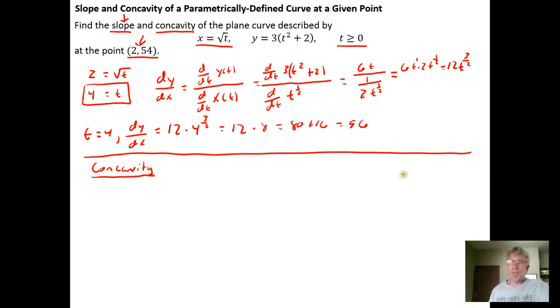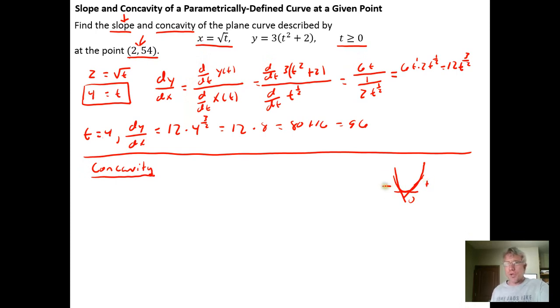So what we need to remember for concavity: if we're concave up, the slopes of the tangent lines go from negative, a negative tangent line, to 0, and then as you sweep through the curve the tangent lines become positive.